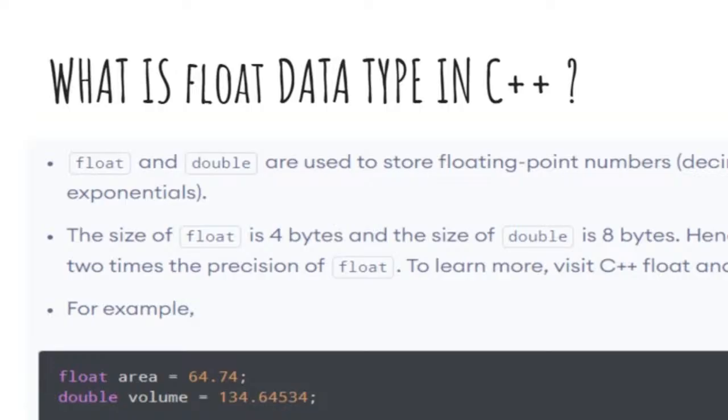Distance is the name of the variable and it is of the type double, and on the right hand side of the is equal to we write the value that we want to store into that distance variable. 45e12 is basically 45 into 10 to the power 12. So e is used as an exponential symbol, so this basically means 45 into 10 to the power 12. This is the mathematical meaning of the statement written over here.